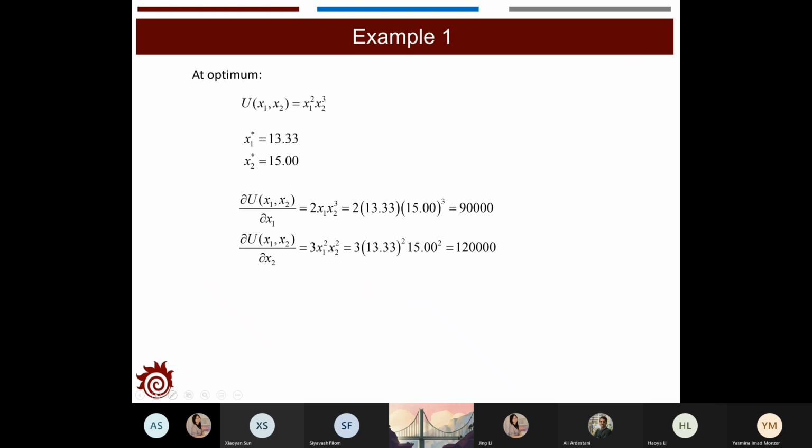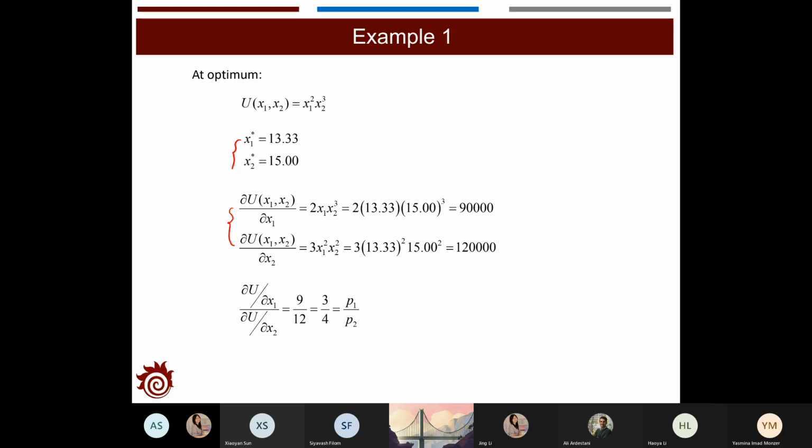And the other thing that you may need to think about is how to calculate the elasticity. With this one we have already found the optimal solution: x1 star is 13.33, x2 is 15, and we can then find the value of the first order partial derivatives with respect to x1 and x2 at the optimal solution. For x1 it's 90,000, for x2 it's 120,000.